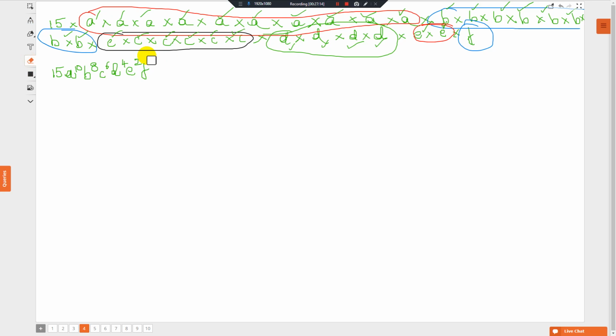No. Not at all a power of any literal. Because if F is there, in the middle, the gap, right? That means we have left that gap because we understand that we multiply them.